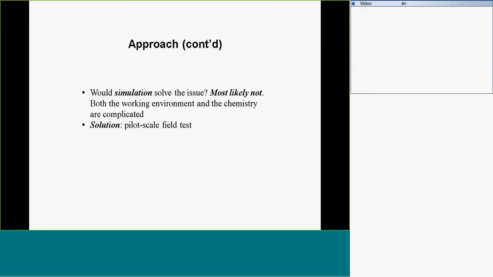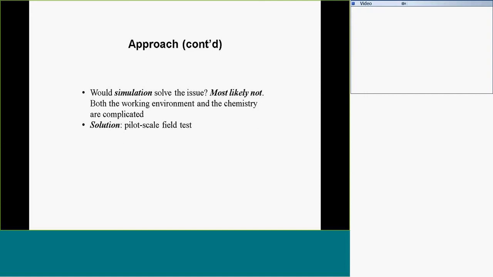I would tell them, the manure storage system is too complicated to simulate. You can simulate a bioreactor, simulate how methane can be produced from anaerobic digestion, simulate how a biofilter would remove phosphorus and nitrogen, but you cannot simulate the biochemical or biological process in manure storage systems.